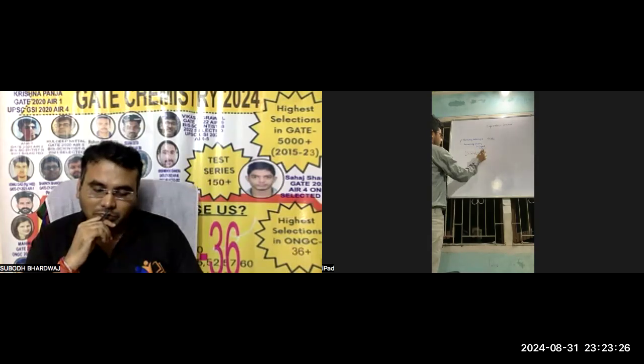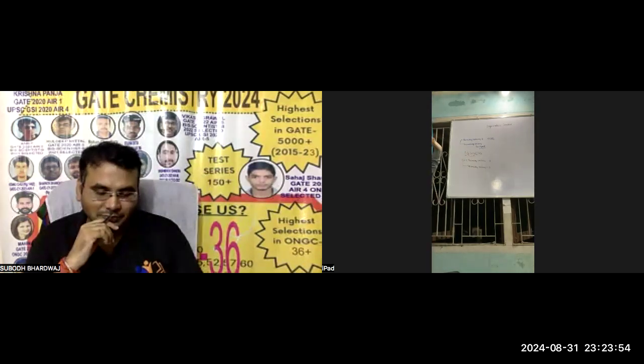Cobalt has a primary valency equal to 3, and this cobalt is surrounded by 6 ligands. So the secondary valency is 6 and the primary valency is 3, because this cobalt is surrounded by 6 ligands. So the surrounding ligands are the secondary valency and the other is called primary valency.